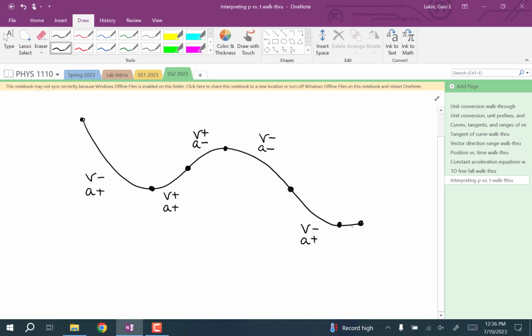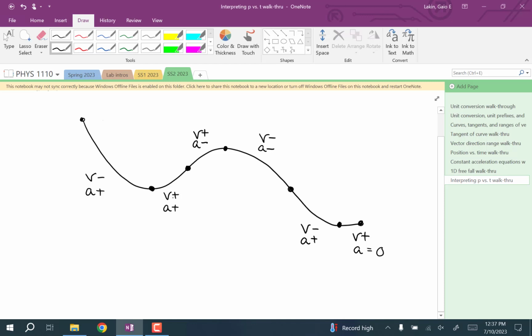And then this one, I don't know, it looks like a straight line to me, so let's call that a positive velocity, slightly positive. And since we think of that as a straight line between those two, the acceleration there is going to be equal to 0. Okay, so now what can you do with these? Well, if the question asks you where the object is moving in the positive direction, you're just going to look for all the places where the velocity is positive.